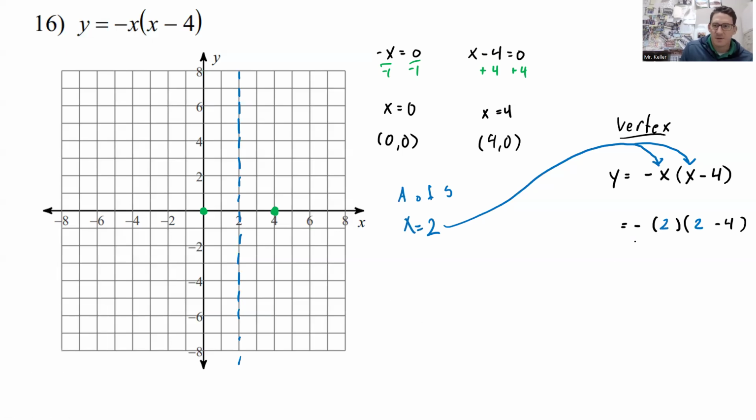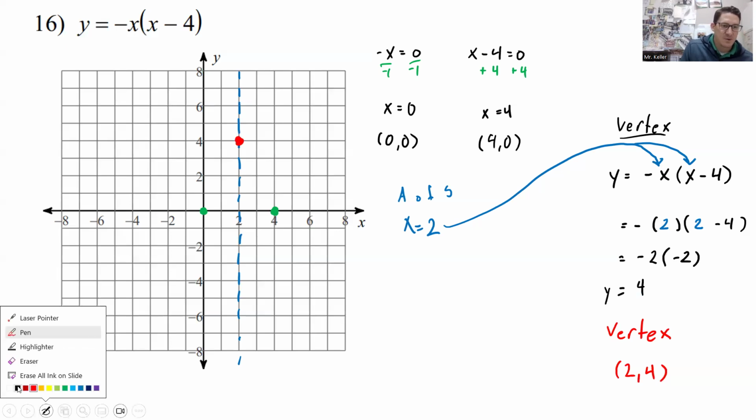Work it out. Do what's in those parentheses first. So this is going to be negative 2 times 2 minus 4, which is negative 2. Negative 2 times negative 2 is positive 4. So the vertex, we'll do the vertex in red, is going to be the point (2, 4). So 2 over, 2 up 4 right here on that axis of symmetry.